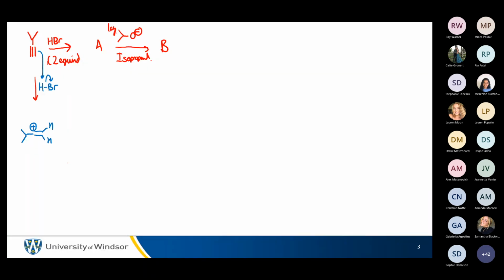You'd have two H's. Then Br minus is a nucleophile, attacks the carbocation. So of course we get the carbocation there and not the other site because you have a secondary versus a primary.